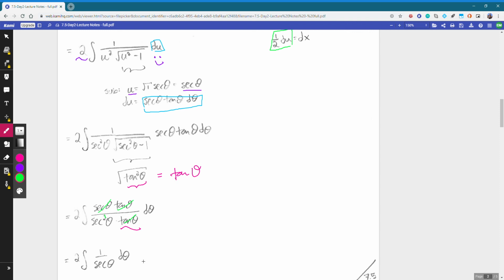Well, this is one of those times when, if we're dealing with secants and tangents, it can be really useful to write things in terms of cosines and sines.